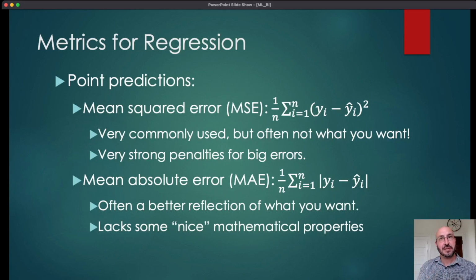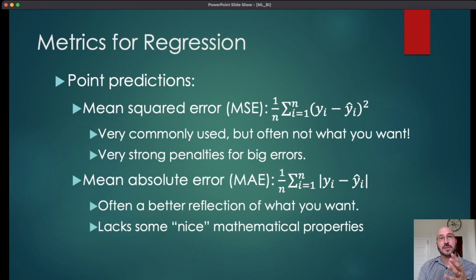One particular thing about mean squared error is that in many mathematical situations you're guaranteed to have a unique solution that minimizes it. Whereas with the mean absolute error, it is often the case that there is not a unique solution that minimizes it. So this is one of the reasons why mean squared error is used so commonly.